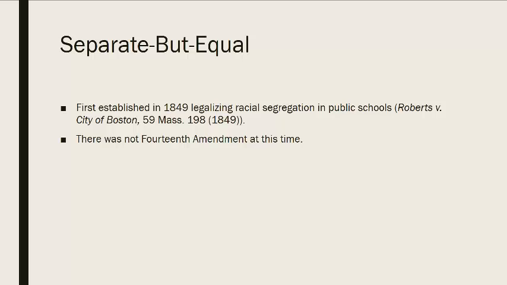And it's important to see the date here, 1849. We're starting to move toward common public education in the mid-1800s. And so it's not a surprise that we see a case come out that allows for the separation of public schools based on race. Now, what was not around in 1849, of course, was the 14th Amendment.